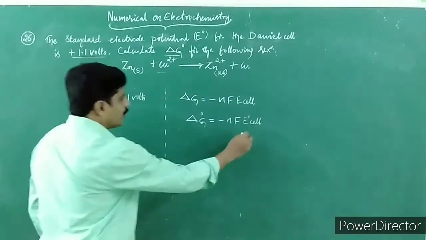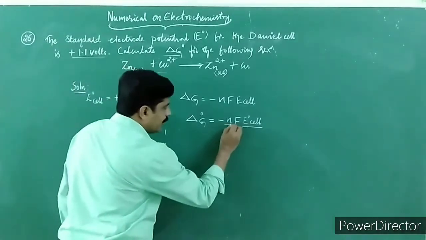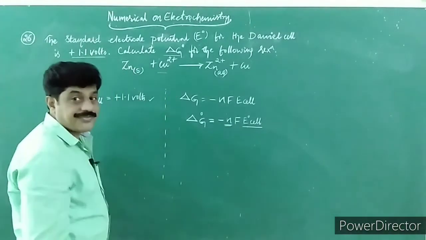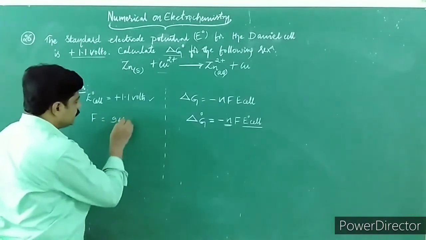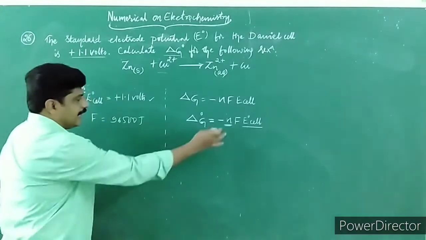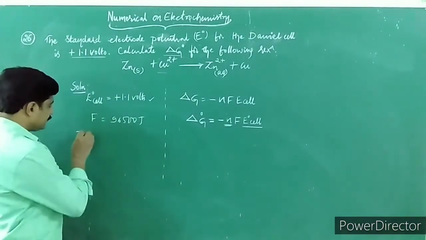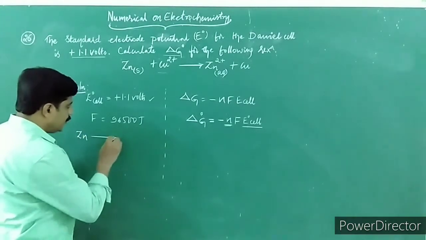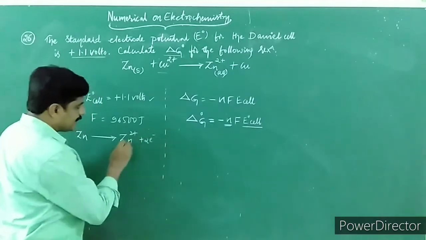Children, E naught cell value is given, is it not? Now we should know the value of N as we know the value of Faraday, that is equal to 96,500 joules. Is it not? Then how to find out N value here? Please look at here. Zn loses 2 electrons to form Zn2 plus.